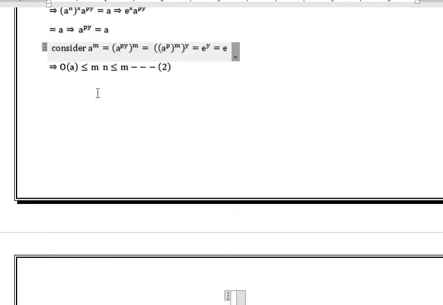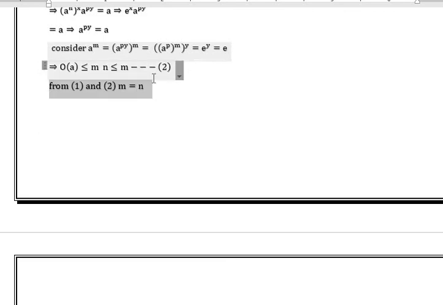So this implies order of a is less than or equal to m. Order of a is n, so this can be written as n is less than or equal to m. Consider this as equation 2.